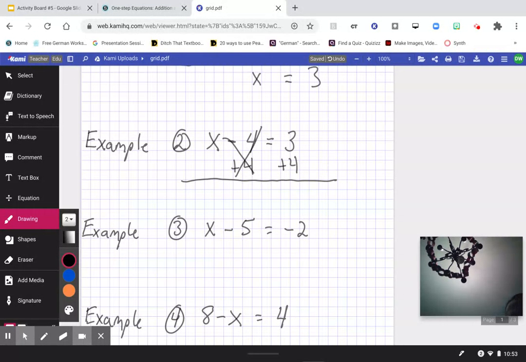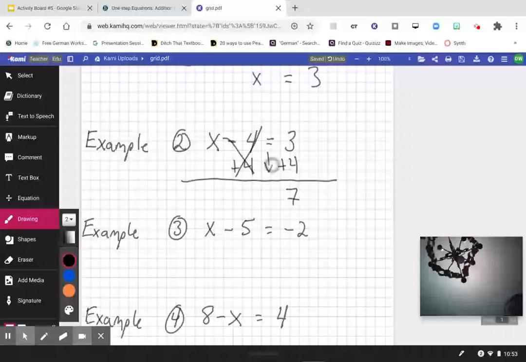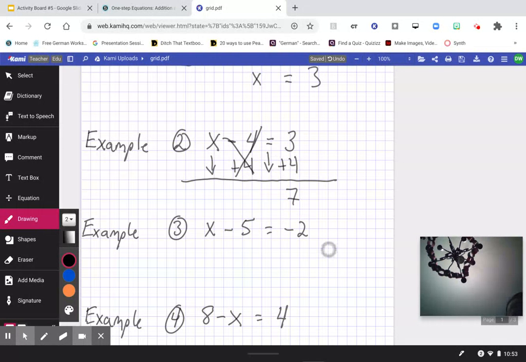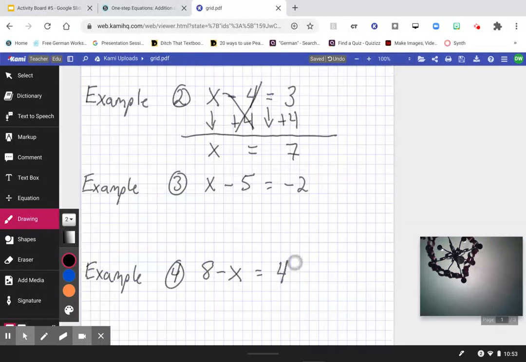And 3 plus 4 is 7. Bring everything else down. You don't have to draw these arrows, but I like to indicate what I'm doing in the problem. And so we're left with x equals 7. And if we did 7 minus 4, that is 3. So we know that our problem checks out.